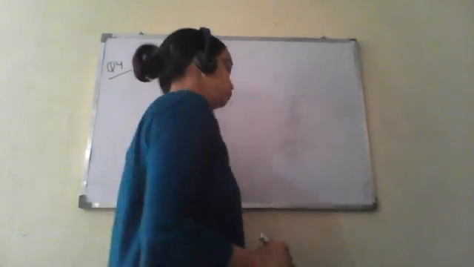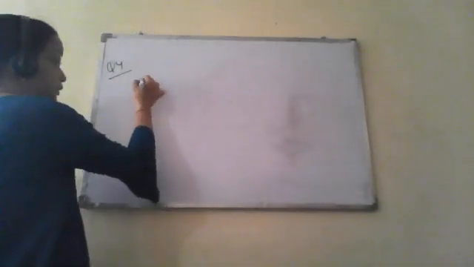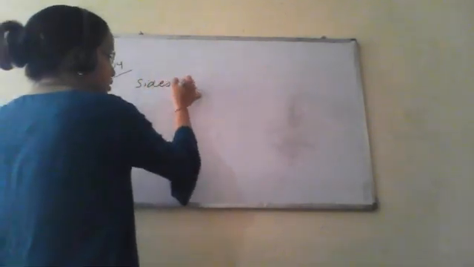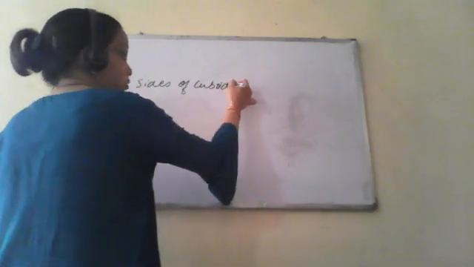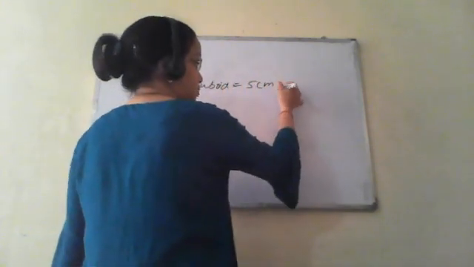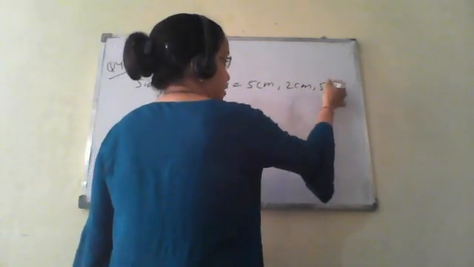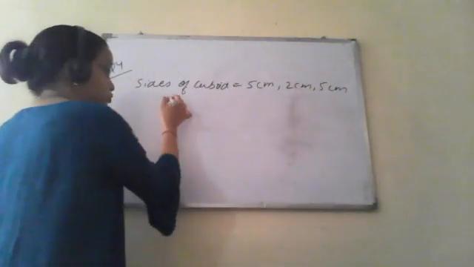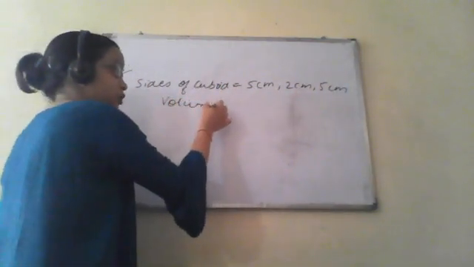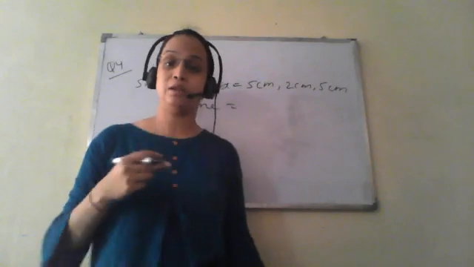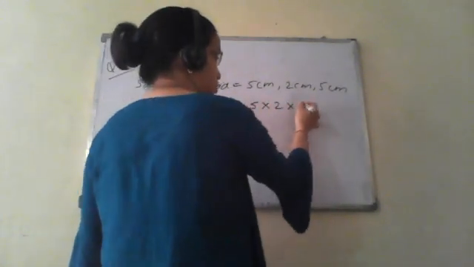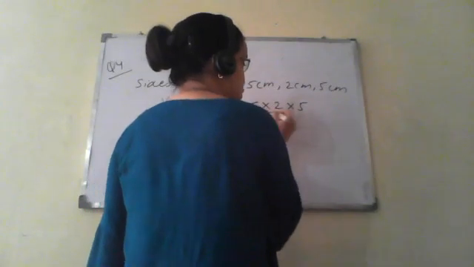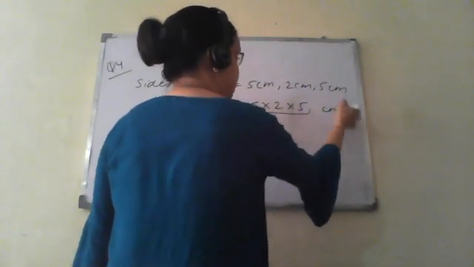The sides of the cuboid are 5 centimeter, 2 centimeter and 5 centimeter. So the volume of the cuboid is length into breadth into height, that is 5 into 2 into 5.